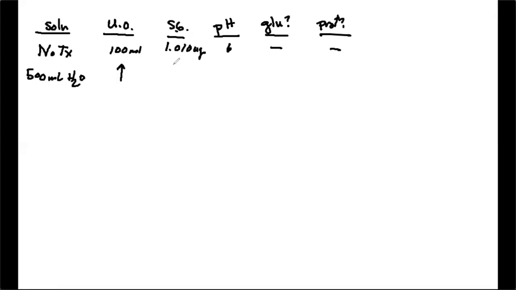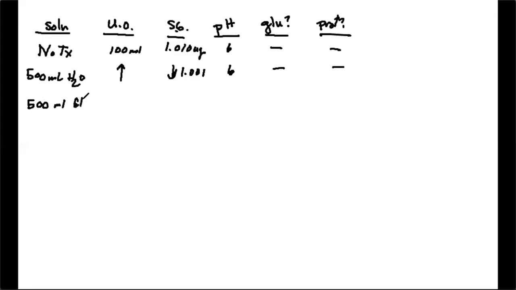What would happen to specific gravity? Specific gravity would drop, so that means it would get closer to 1.000, which is 1.001. Is water going to affect the pH? Nope. Should you see glucose in the urine? Nope. Protein? Nope.